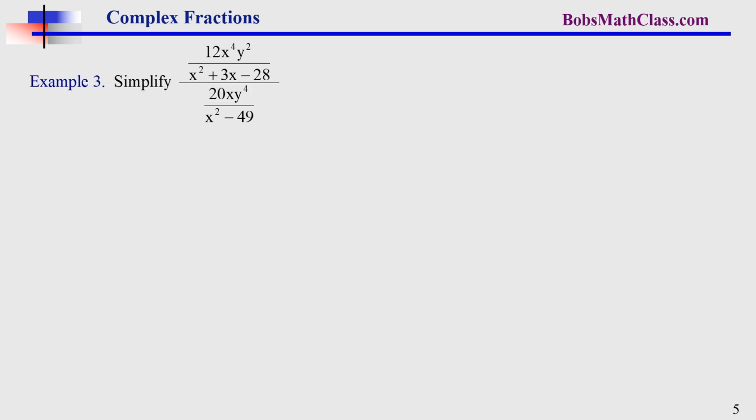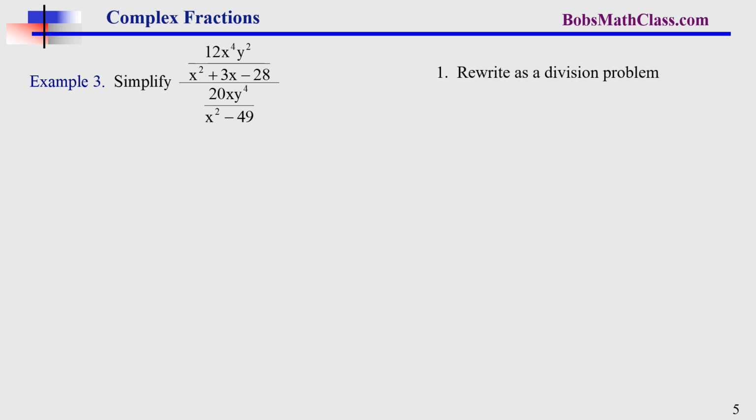Okay, here's our next problem. This is very similar to the section that you did on dividing rational expressions. It might have been multiplying and dividing rational expressions. It's the same problem that you've done before. It's just that it's written as a complex fraction. So all you need to do is rewrite it as a division problem. And then it's the same problem that you've done before.